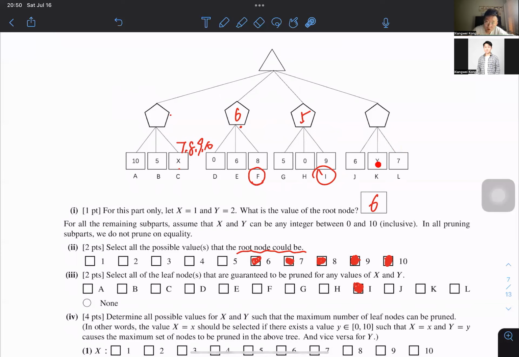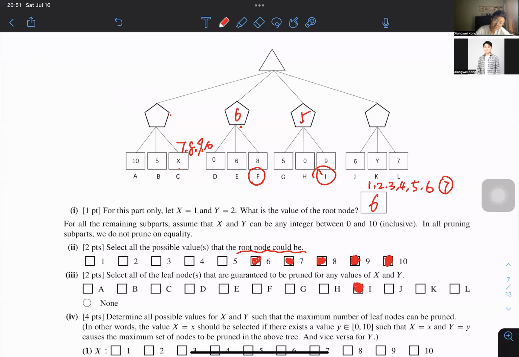If Y is very large, like 7, 8, 9, then the maximum value for this can be 7, 8, 9, 10, and we cannot determine it. So if we want to prune this L, we want to make Y as small as possible. So Y can be 1, 2, 3, 4, 5, 6, and can Y be 7?